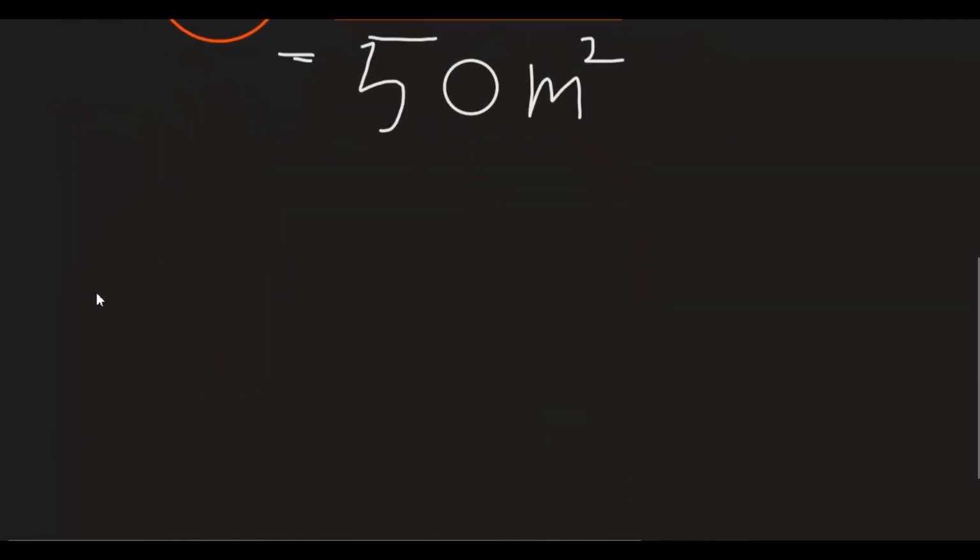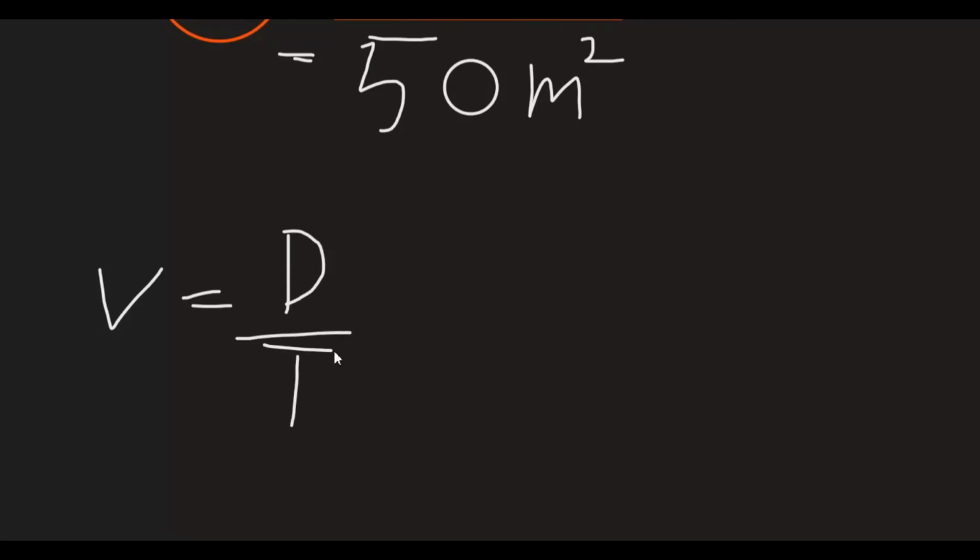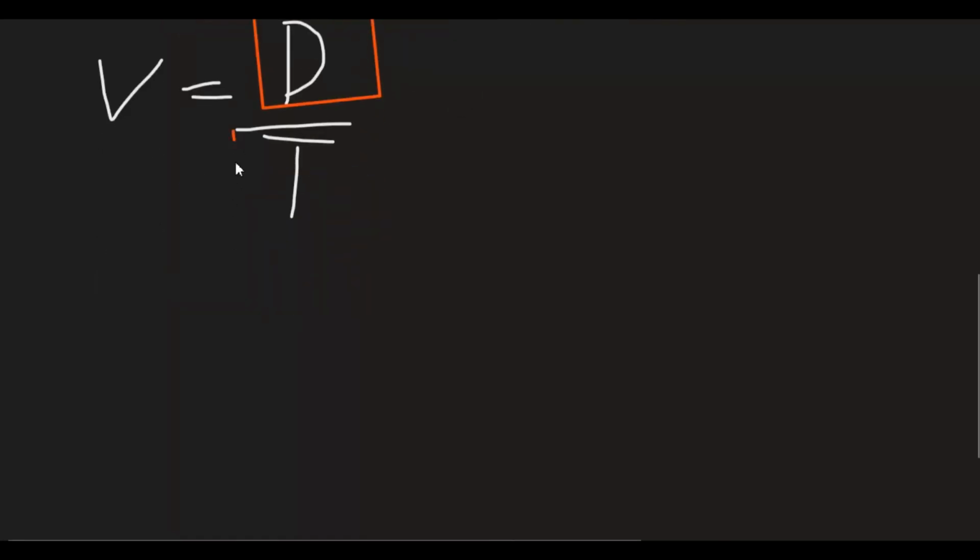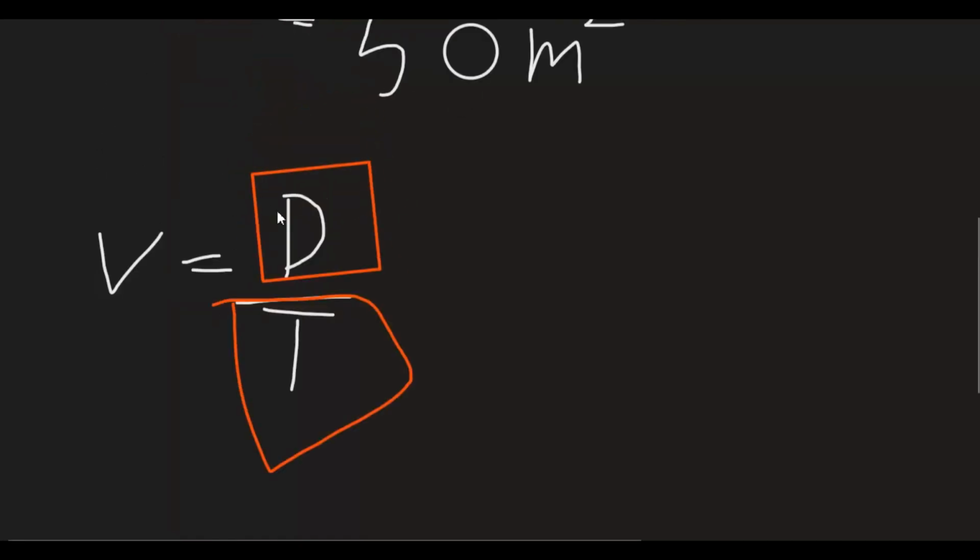Another example is speed. For speed we need distance and we need time, and we know that distance is a base quantity because you can measure it, you cannot calculate it or find it in some other way, and time is also a base quantity.